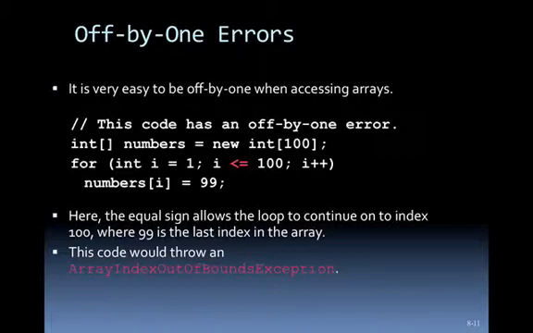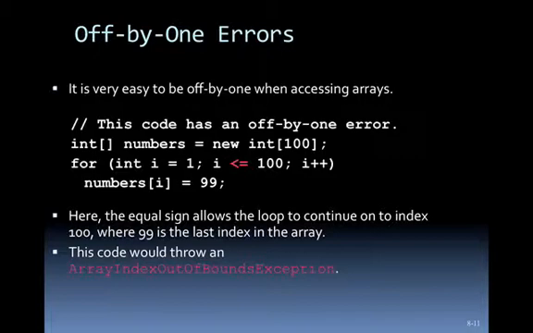The problem is if we have a list of 100 items, our indexes start at 0, so 0 is always good. Our for loop starts at 1, and that's fine. It could start at 0, and that would be fine too. But it can only go to 99. And I know this because all the indexes for all lists go from 0 to whatever the size of the list is, minus 1.